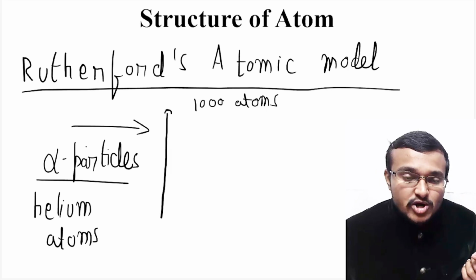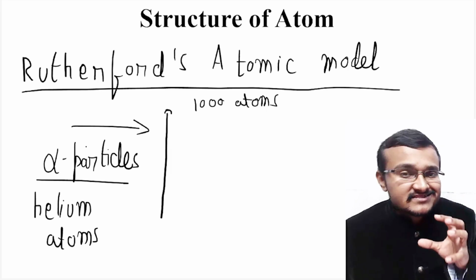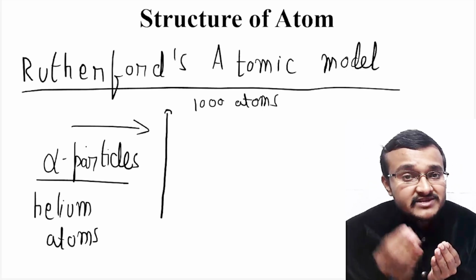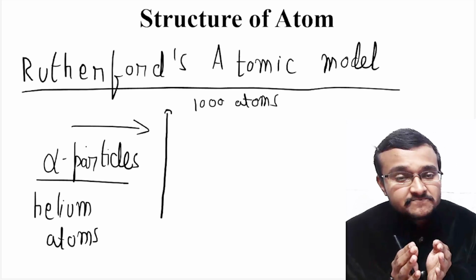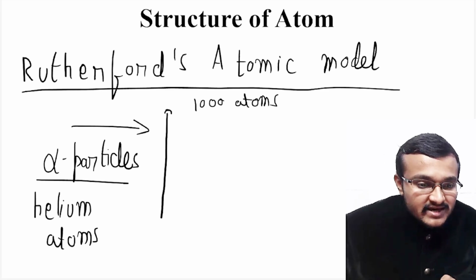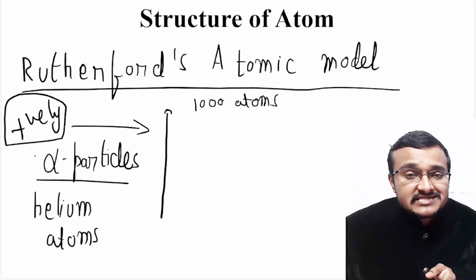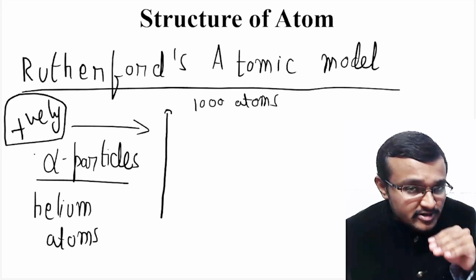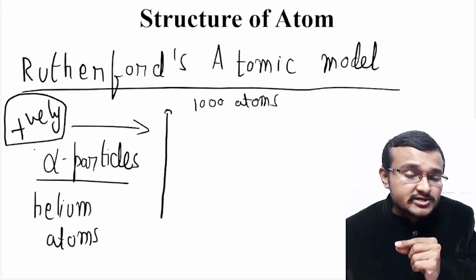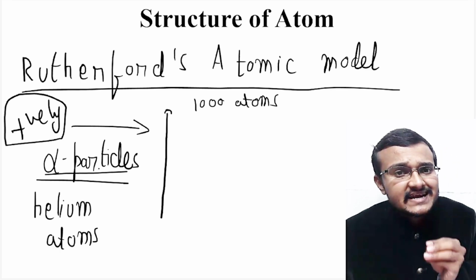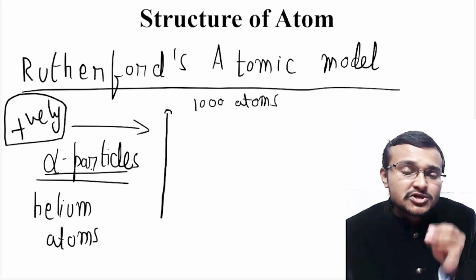on J.J. Thomson's model, a positive sphere is there inside an atom in which electrons are embedded. That means the complete atom is a positive sphere inside which negatively charged electrons are embedded. So now if you put positively charged alpha particles, and these positively charged particles hit the gold foil, at that time the atoms in that gold foil should completely repel these alpha particles, because inside atoms there is a positive sphere inside which electrons are embedded.